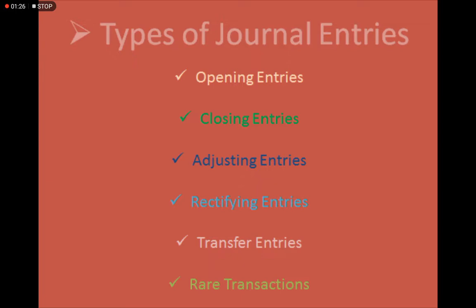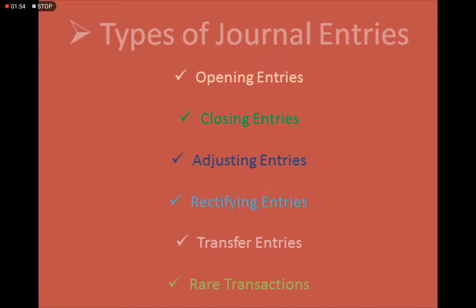Then what are adjusting entries? These are when, after the trial balance, you adjust certain amounts to depict a true and fair view. For example, if you paid rent of 100,000 for the year, but for the current period only 50,000 relates to the current period. You will of course credit 100,000 because that is the cash outflow, but you will not debit the entire 100,000 to the rent account.